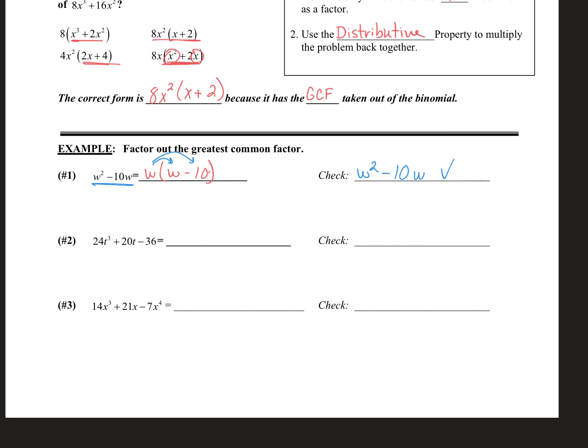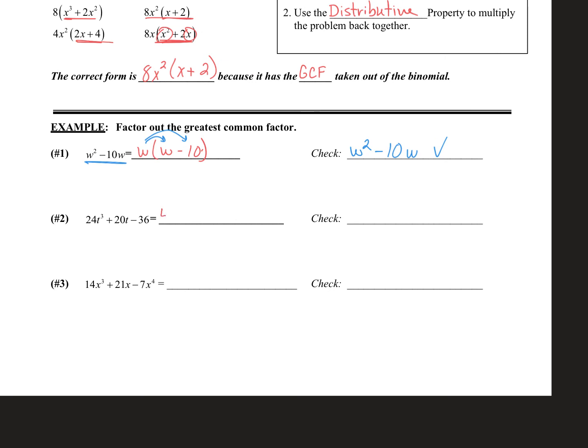And that is going to be 4, okay? And then if we divide each of these by 4, we're going to get 6t cubed plus 5t minus 9.